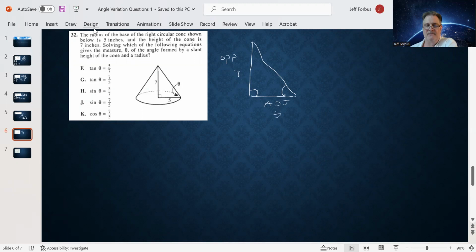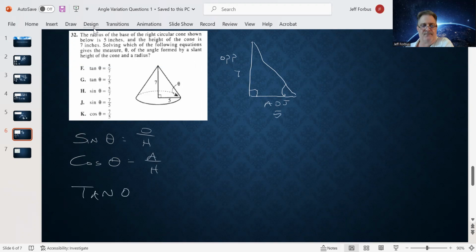Okay, so let's just look at all the sine, cosine, tangent formulas that we know here. So we know sine of theta is going to be equal to opposite over the hypotenuse. Cosine of theta would be equal to the adjacent over hypotenuse.